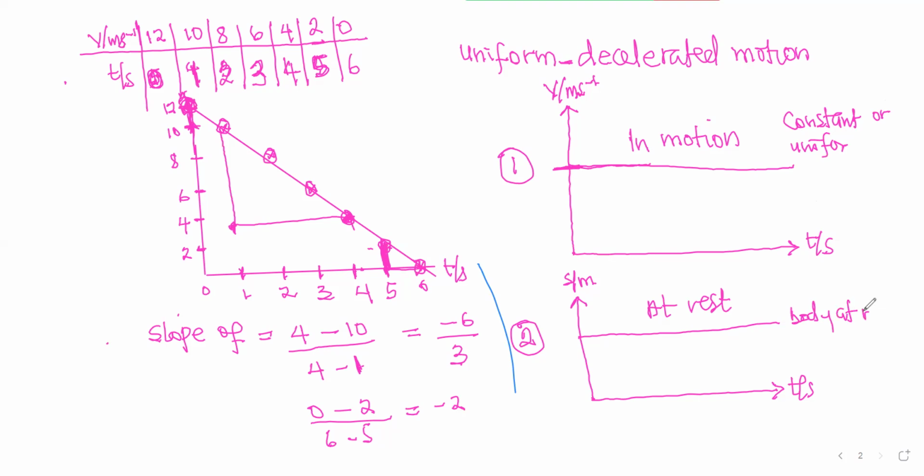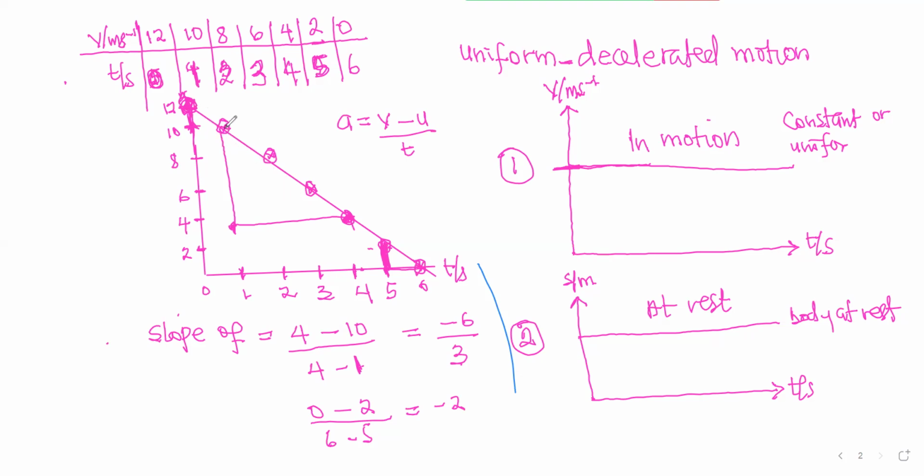Abbas, what's your question? Sir, please, for the slope, you subtracted the bigger digits from the higher digits. Okay, so acceleration is equal to final velocity minus initial velocity divided by the time interval. So the motion started from a higher value and was decreasing.